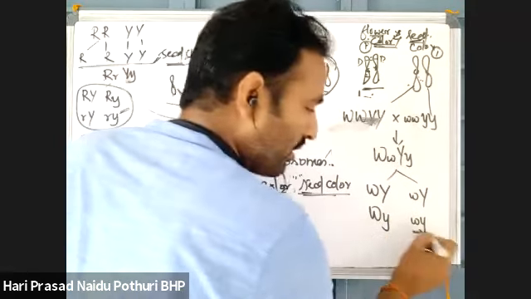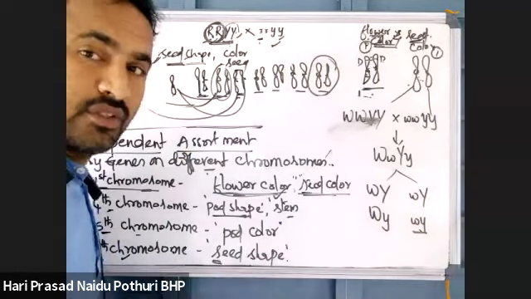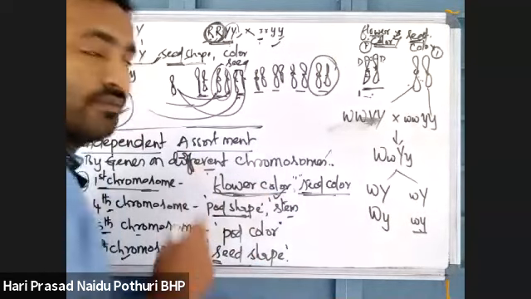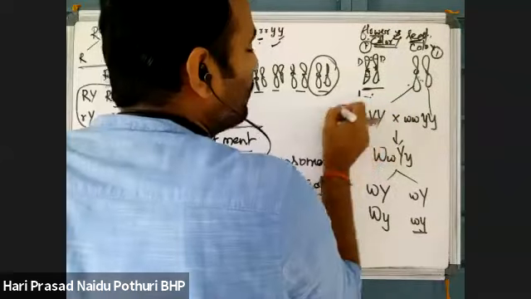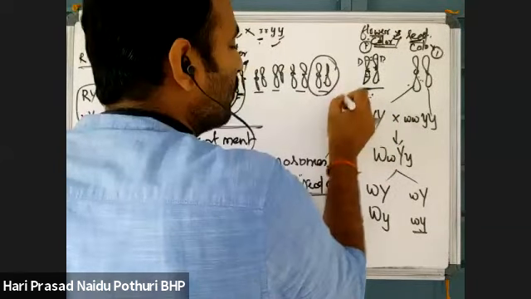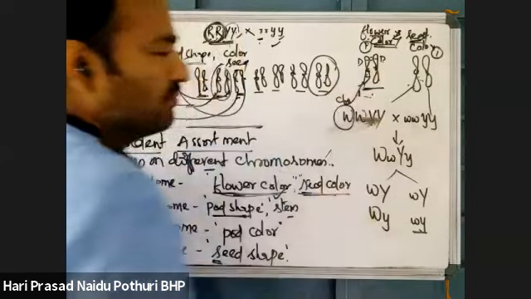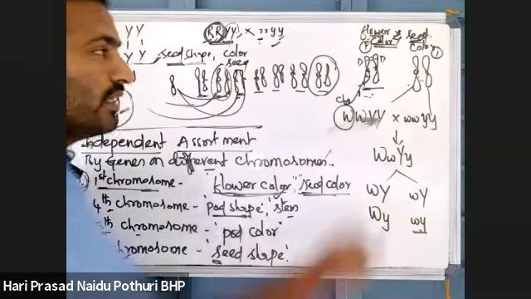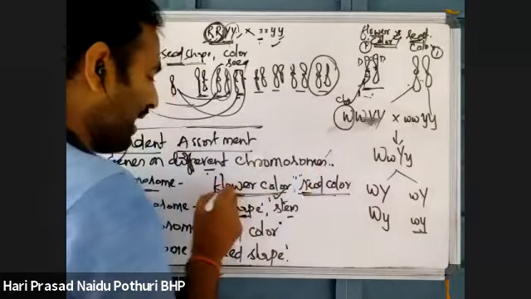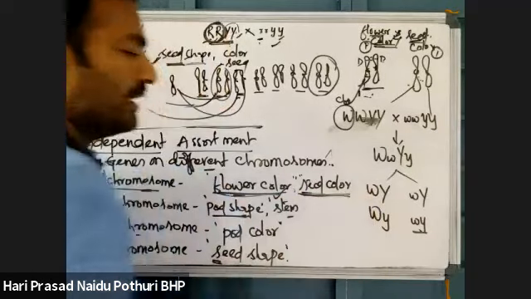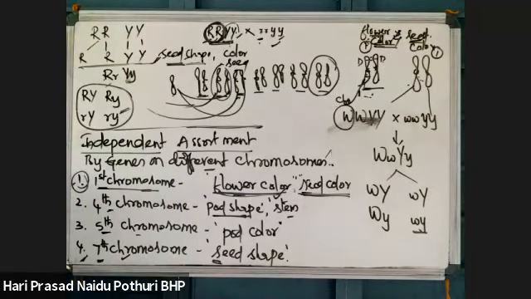There may be formation of this. Okay, but this W is a chromosome, let us assume. This chromosome has a character for both flower color and seed color. Yes or no?